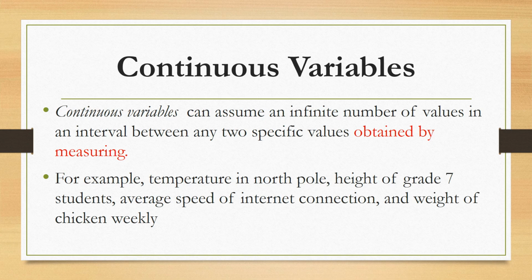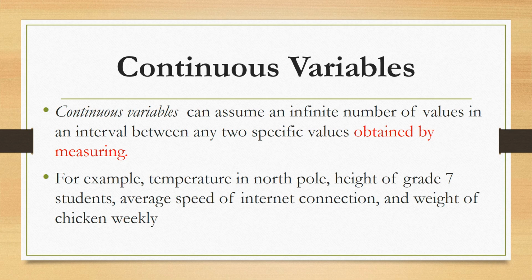Continuous variables, on the other side, can assume an infinite number of values in an interval between two specific values obtained by measuring. For example, temperature in North Pole, height of a grade 7 students, average speed of internet connection, and weight of chicken weekly. So here in continuous variable, there is a possibility that there is a decimal.